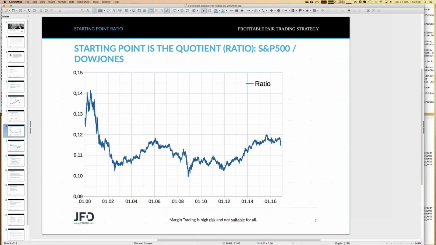The only thing from now onwards is whether the market goes up or down. We don't care, because we have a market neutral trade between the two, and whether there's a financial crisis, yes or no, we don't care.